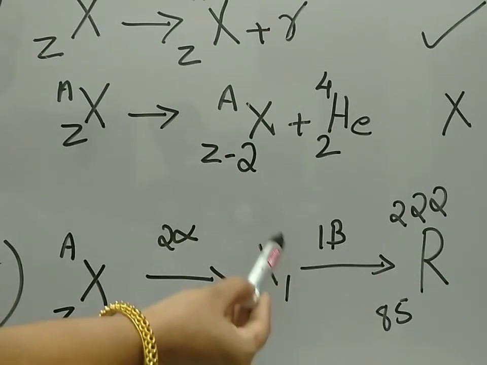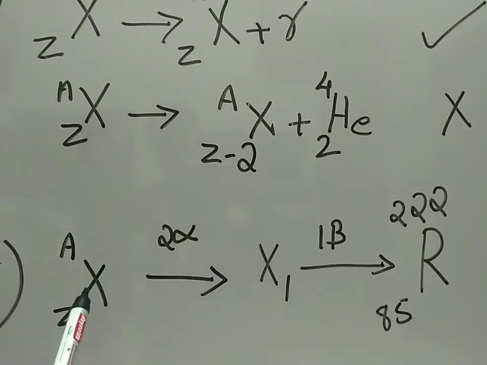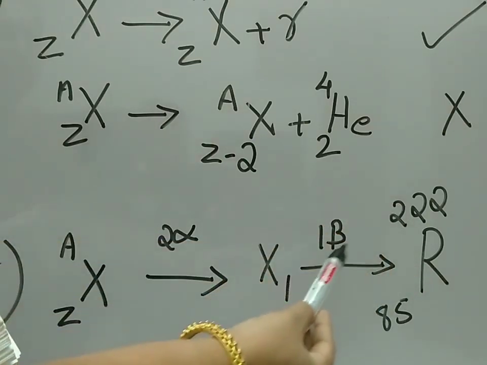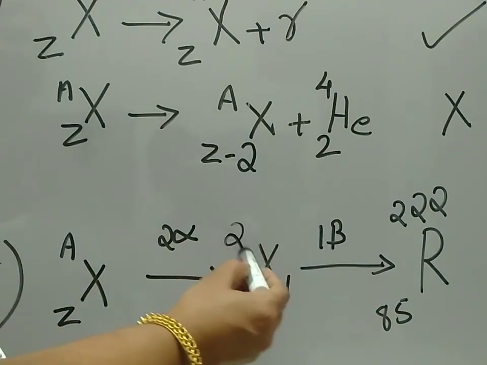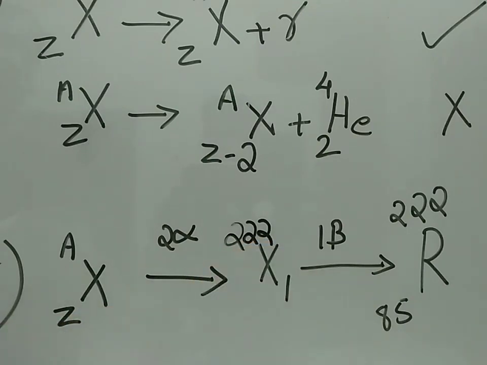I am just taking an intermediate value X1, because from X, after 2 alpha particles, it becomes X1. Again from X1, 1 beta particle is emitted and it becomes R. So we are going to do this in reverse order. Will there be any change in the mass number after beta emission? There will be no change, so it stays 222.